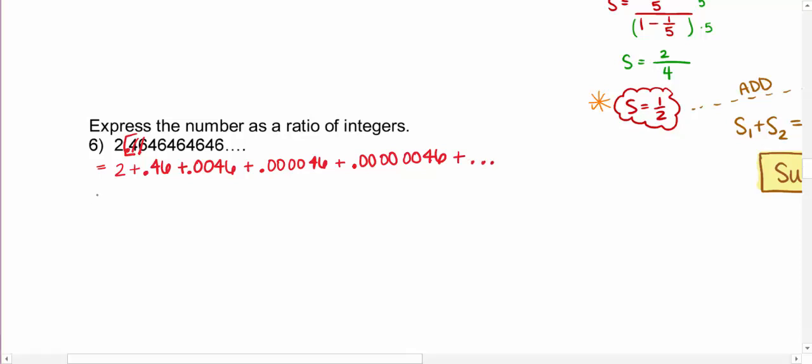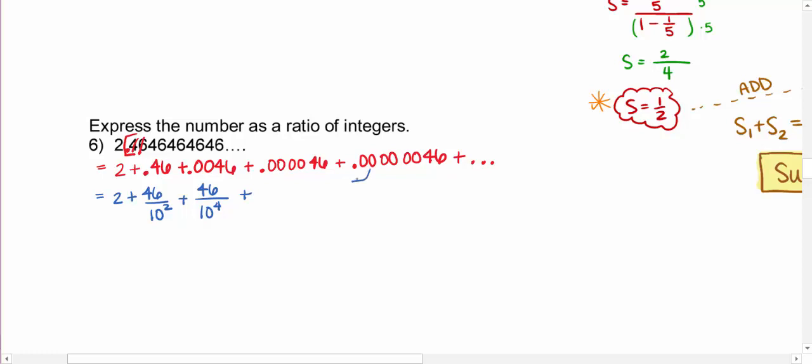And so if you write these as fractions, you might see it even a little bit better. This is 46 hundredths, or 46 over 10 squared. Some people want to simplify that immediately, but I would not recommend it, because everything is going to be 46, so I'm going to leave that alone. Plus, the next one is going to be 46 over 10 to the fourth.